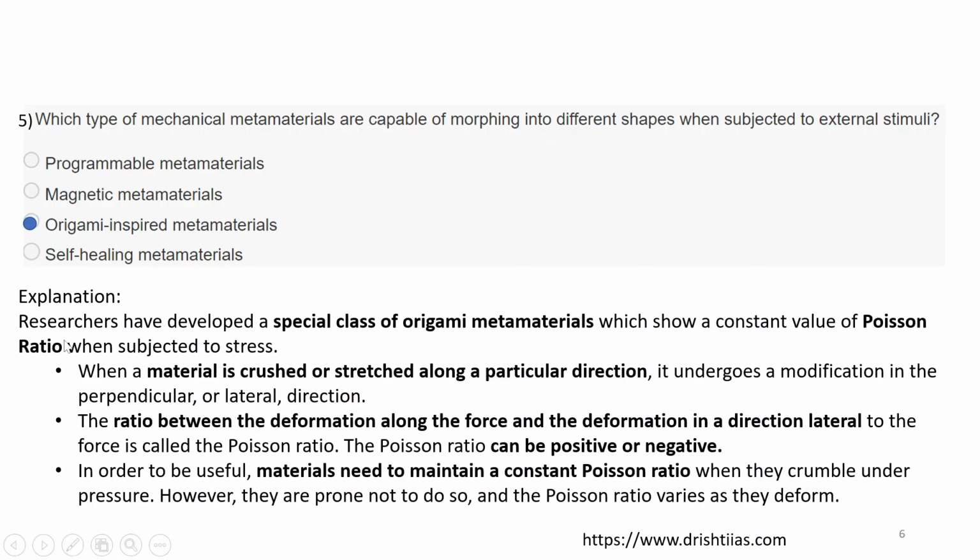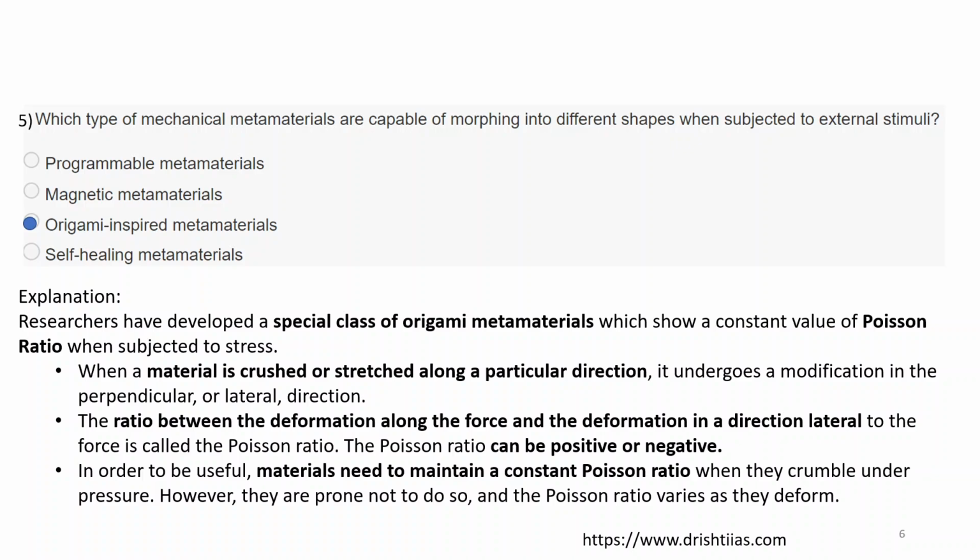Researchers have developed a special class of origami metamaterials which show a constant value of Poisson's ratio when subjected to stress. When a material is crushed or stretched along a particular direction, it undergoes a modification in the perpendicular or lateral direction.